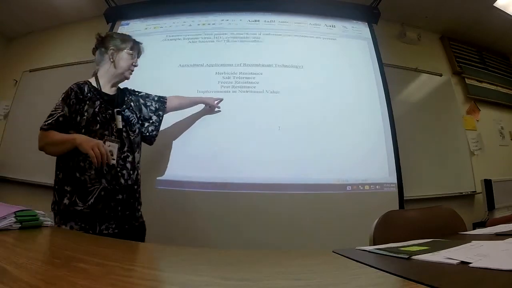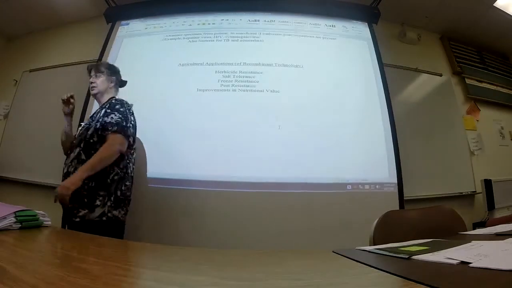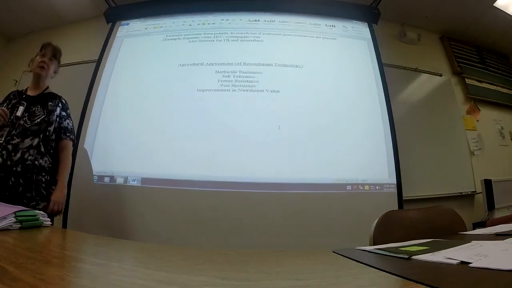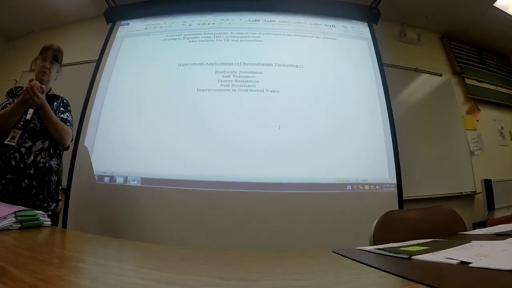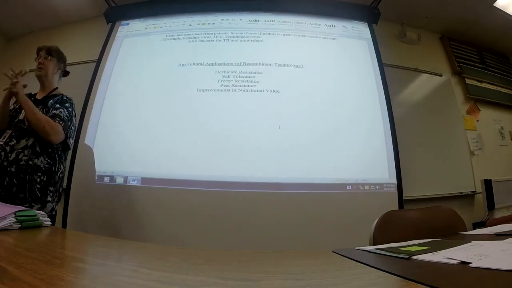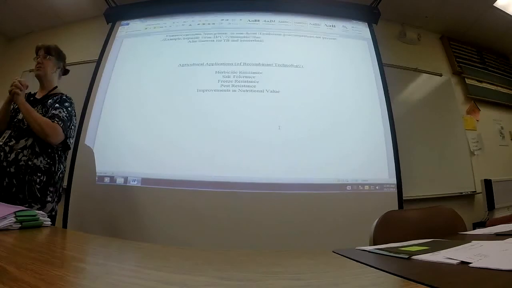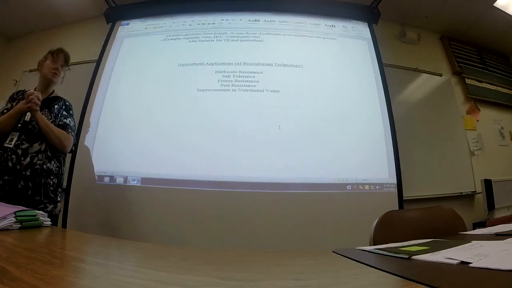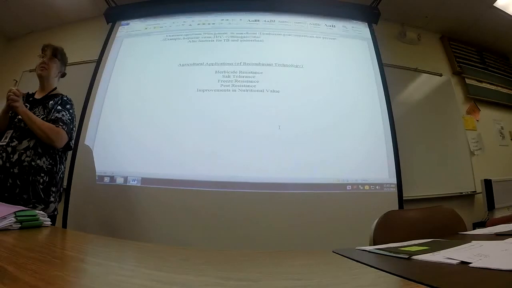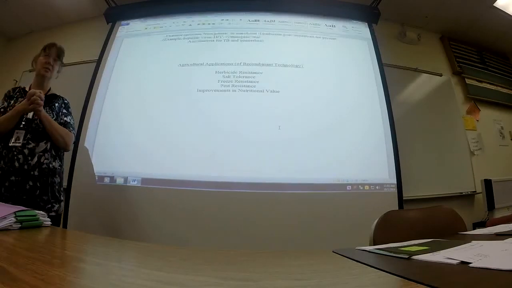This one, very important, nutritional value. What do most of the people in the world depend on, and they may only get one tiny little bowl a day for food? Rice. What's the nutritional value of rice? Not very good. Right?